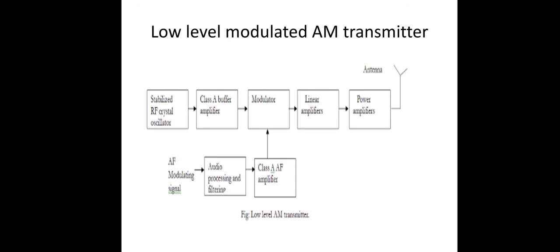The working of this low level modulated AM transmitter: first, the RF oscillator produces the carrier signal, and the RF oscillator is stabilized in order to maintain the carrier frequency deviation within the prescribed limit.